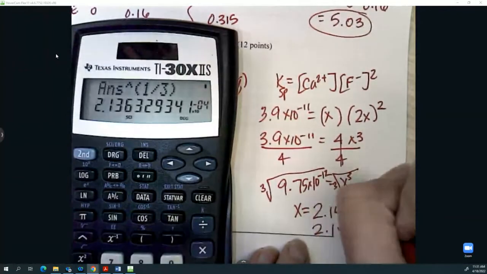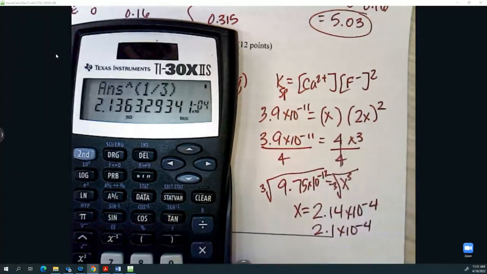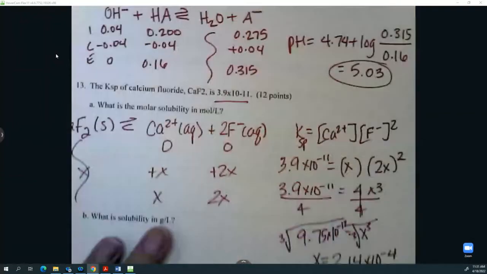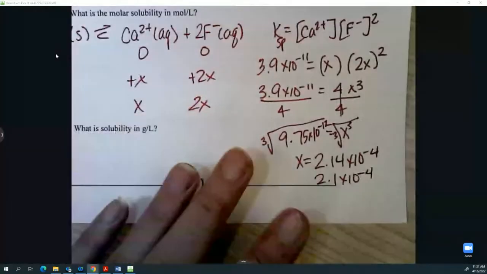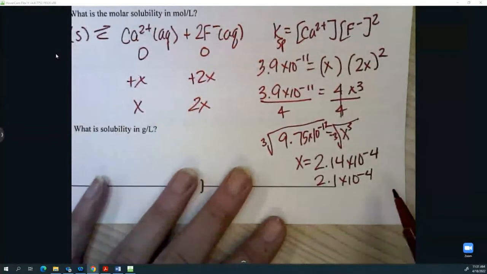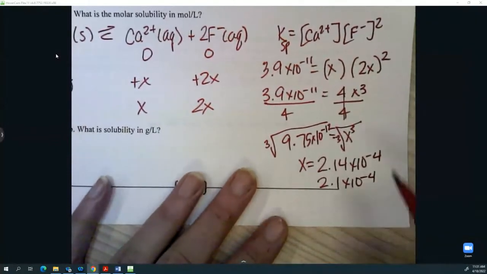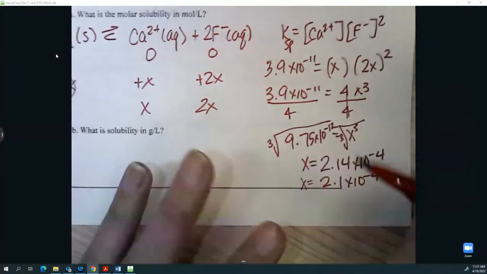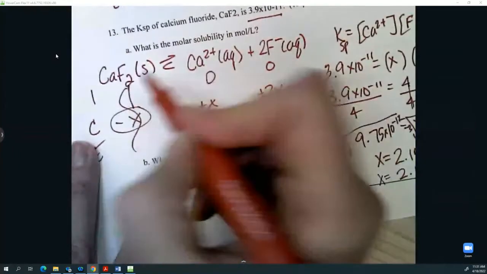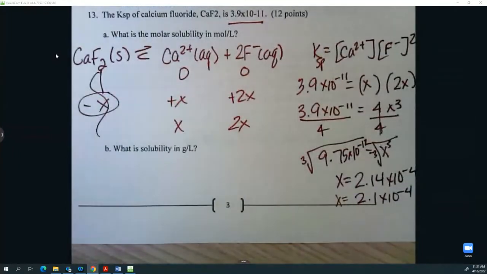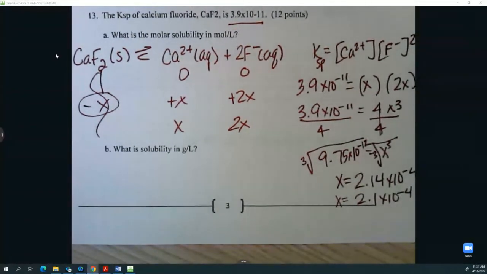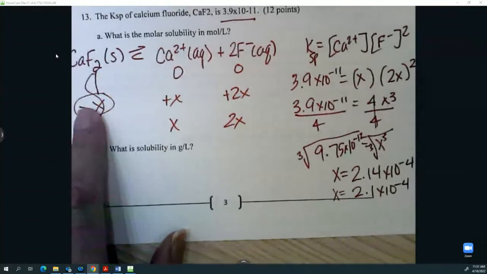For sig figs, I should really just have 2 sig figs, so I rounded it to 2.1 times 10 to the minus 4th. Remember that x is the molarity, the molar solubility, right? The unit is molarity because it came out of the ice table, and how much of this will dissolve is x.